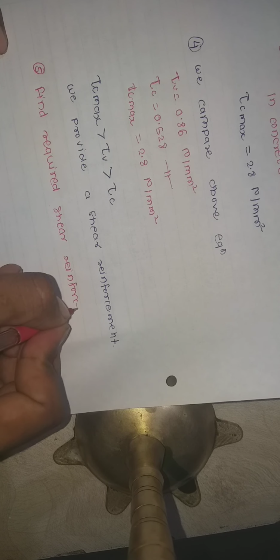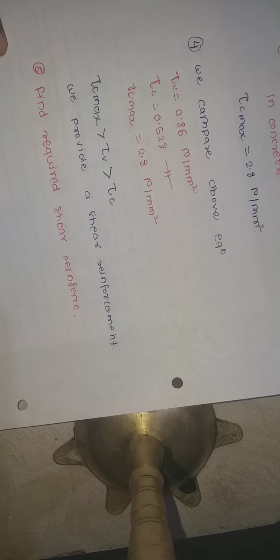So our fifth step is to find the required shear reinforcement. Our required shear reinforcement is VUS equals VU minus VUC. Basically VUC means the shear force taken by the concrete.